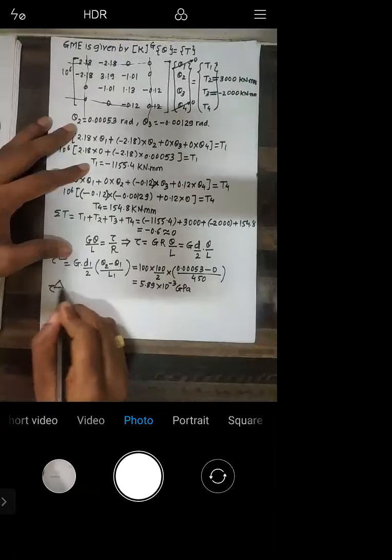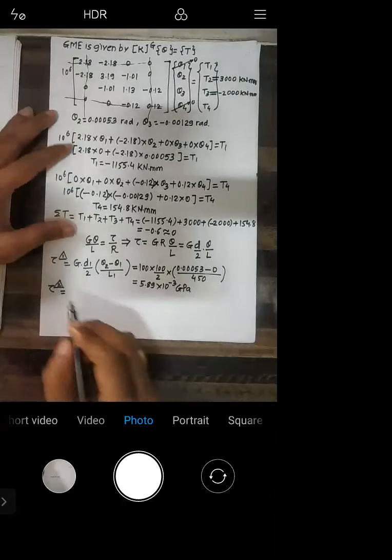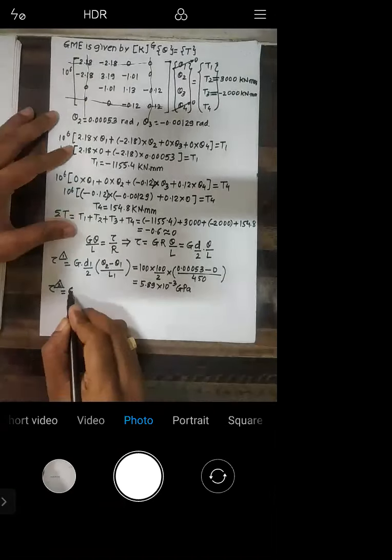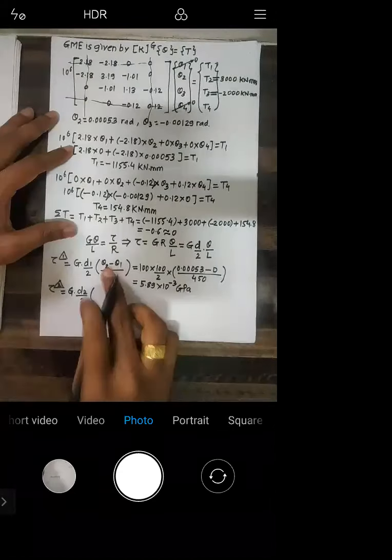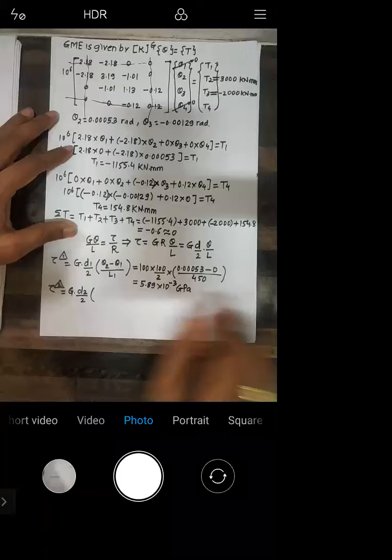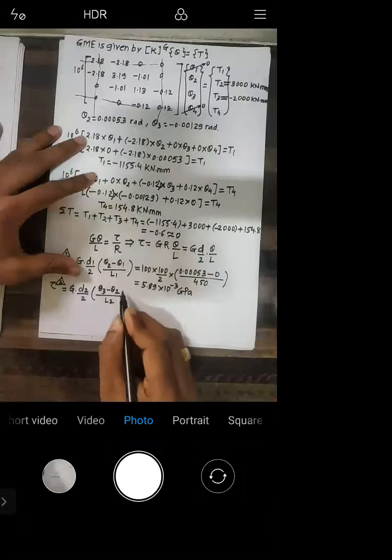Now calculate the stress in element number 2. It is again G D2 by 2 into, since element number 2 is between node 2 and 3, theta 3 minus theta 2 upon the length of element number 2, right?